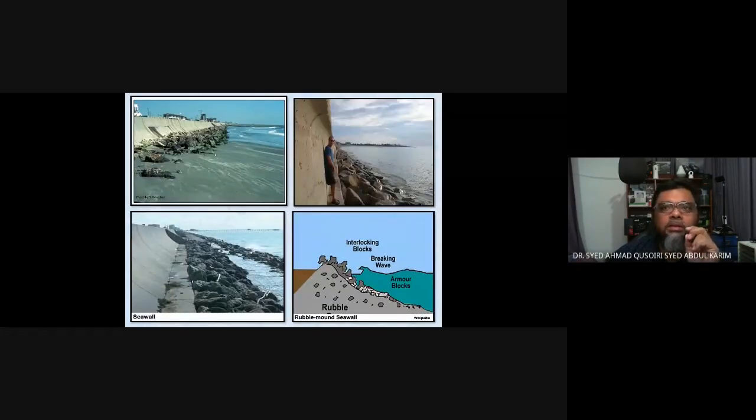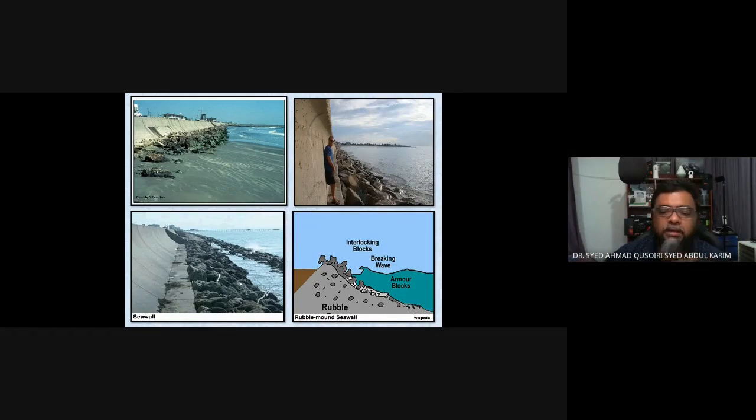And the seawall does not only consist of the wall itself. There are some sort of interlocking blocks or rocks in front of the seawall to break up the waves into smaller waves before they hit the seawall.